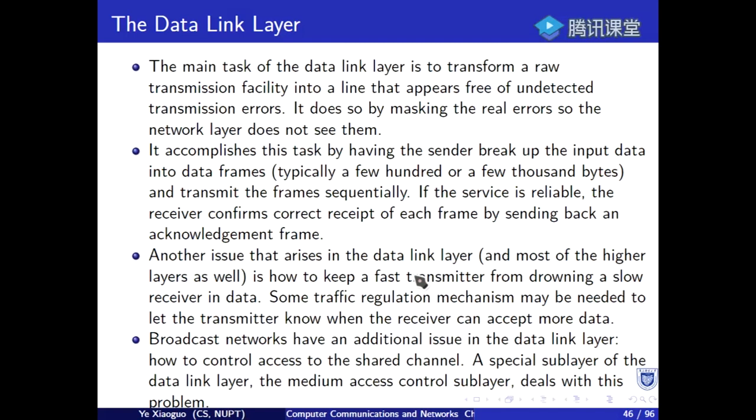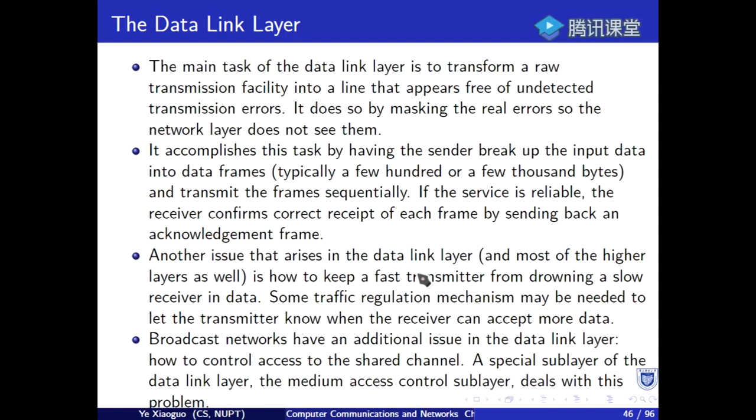The main task of the data link layer is to transform a raw transmission facility into a line that appears free of undetected transmission errors.